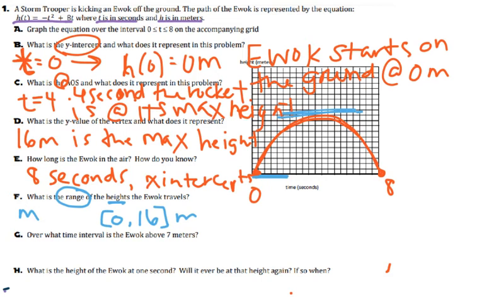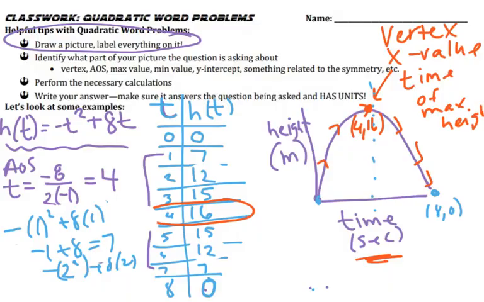Part G says, over what time interval is the Ewok above 7 meters? Looking at our graph, since I just sketched it over here, it's really hard to tell. So I'm going to go back to the table. Above 7 meters, well, it's at 7 meters at 7 seconds, and it's at 7 meters at 1 second.